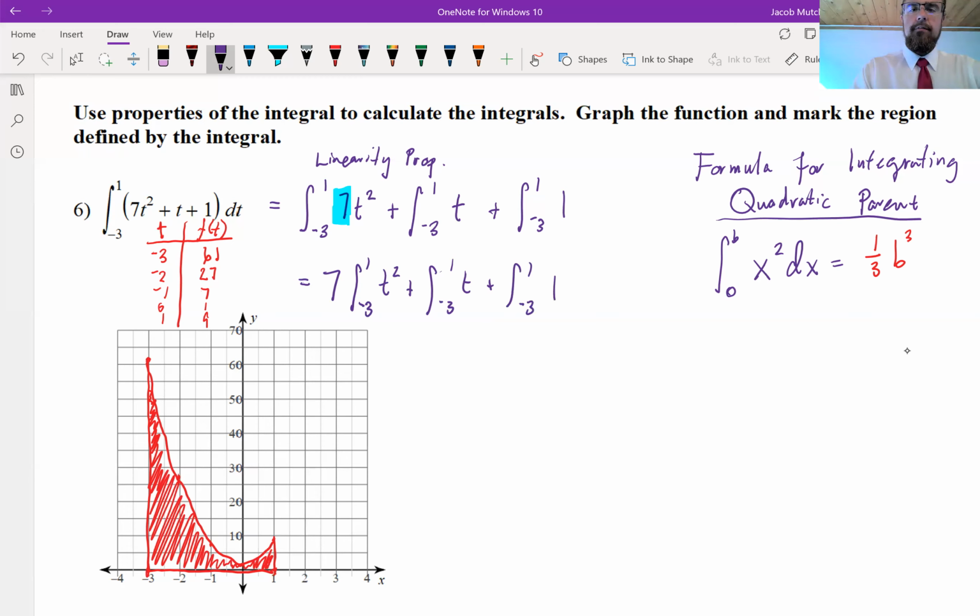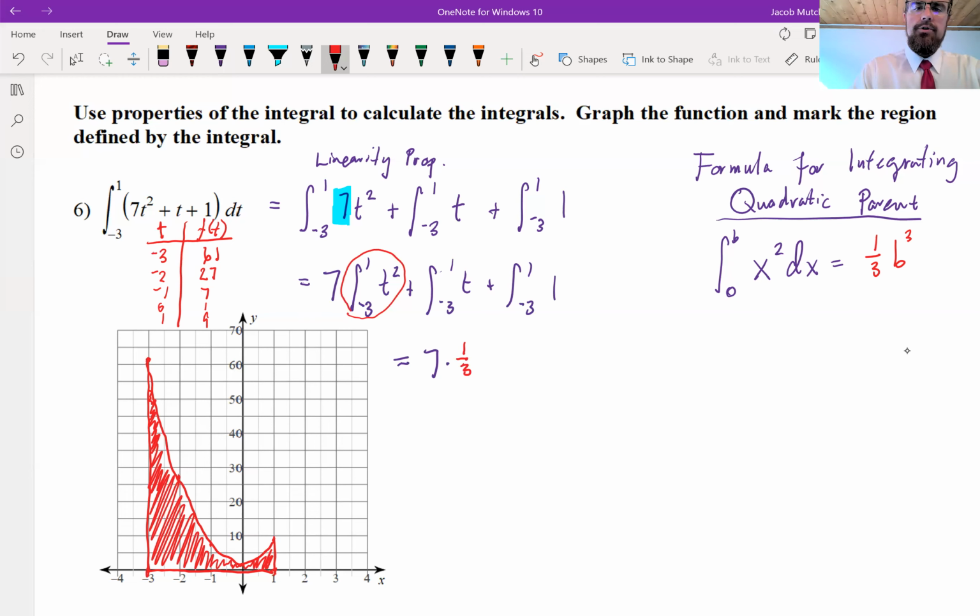So that's now set for us to calculate. So we'll start off here by applying our formula for integrating the quadratic parent. So that's going to be 7 times 1/3, I'm using my formula here, which again is substituting for that integral, times b. So my upper limit here is 1.